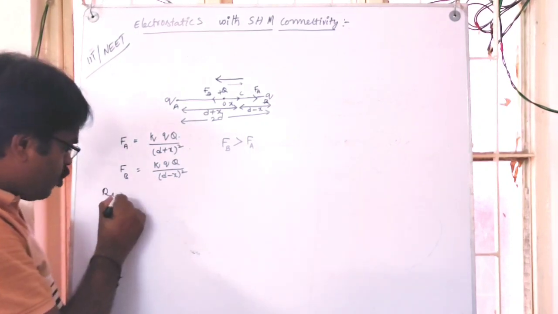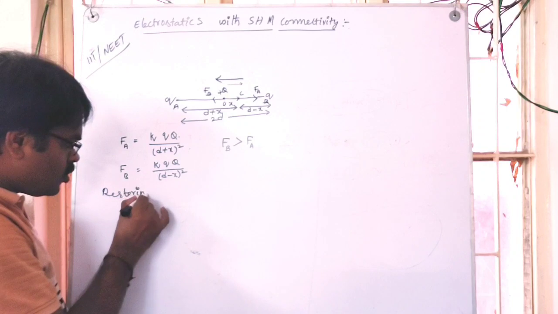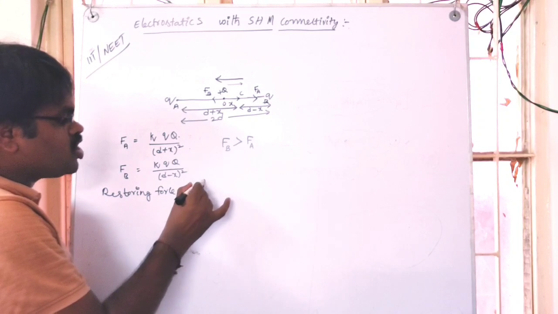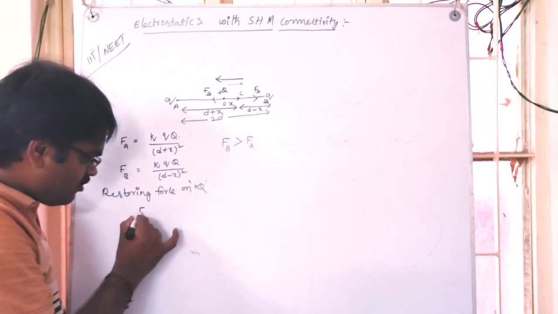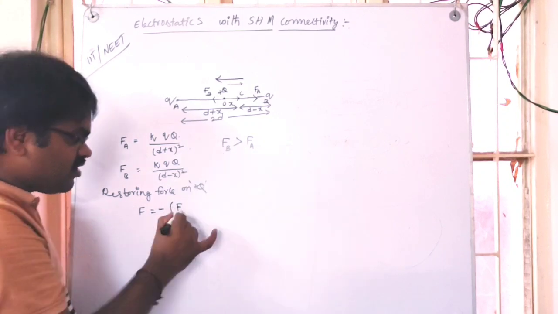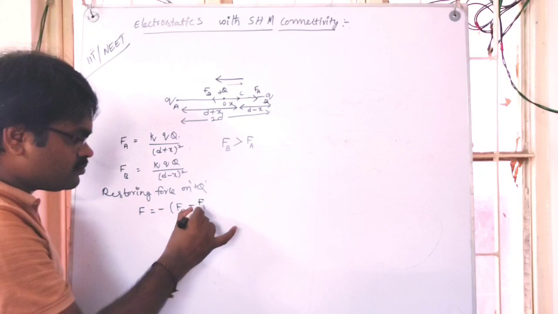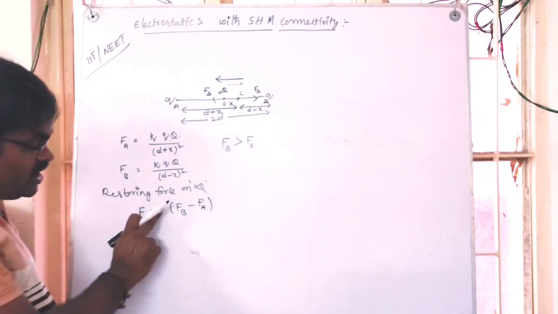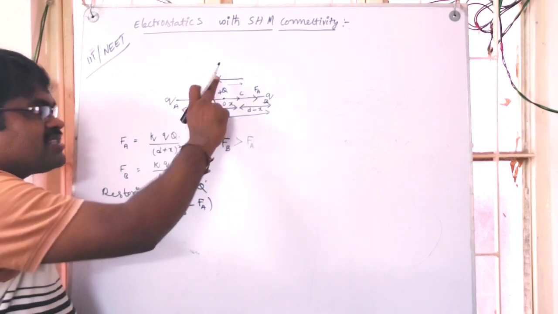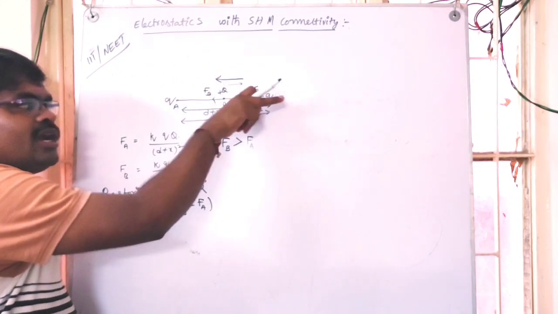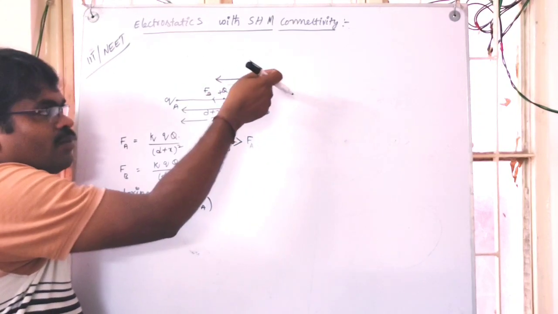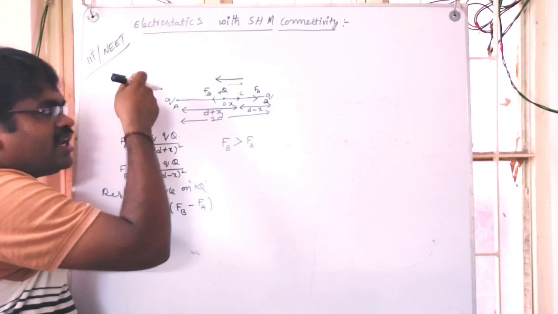Then the restoring force on plus Q charge is F equal to minus, which force is large? Fb minus Fa. See why this minus sign? This negative sign represents the resultant force acting against the displacement of the charge. The charge is displaced in this direction, but the resultant force acts in the opposite direction.